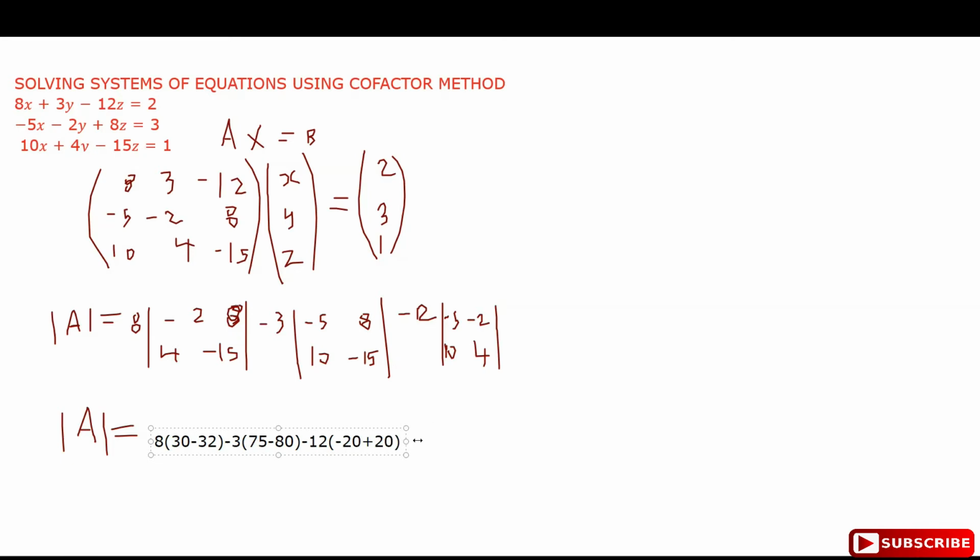That is negative 1. So that's the determinant of A: A has a determinant of negative 1.